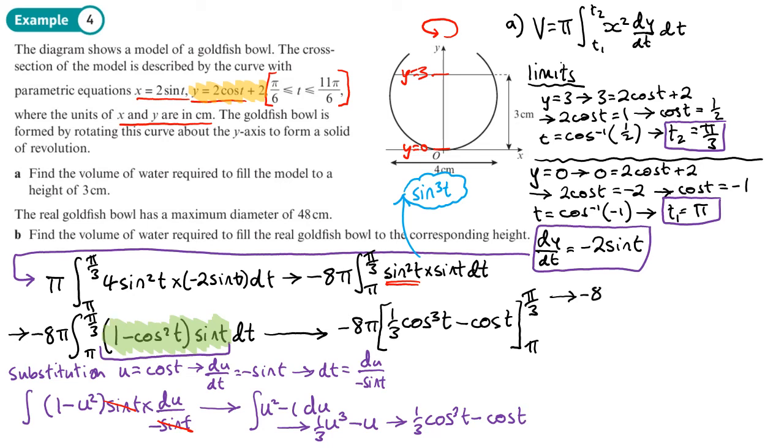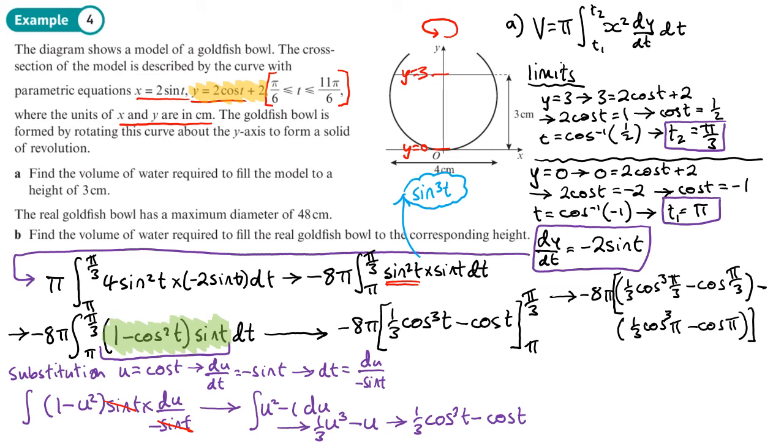So negative 8 pi, and it'll be a third cos cubed of pi over 3, minus cos pi over 3, minus, and that will be 1/3 cos cubed pi minus cos pi.